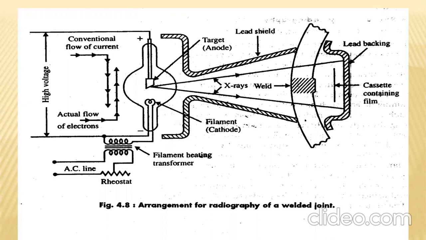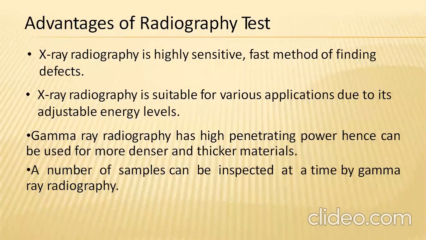Its strength will be increased. Coming to the advantages of radiographic testing, it is a very sensitive and rapid process. Within a fraction of a second it is captured. We use it in hospitals also.